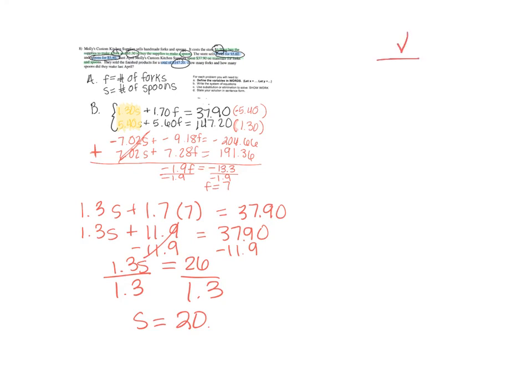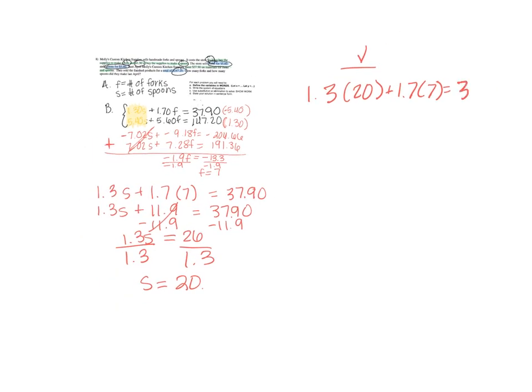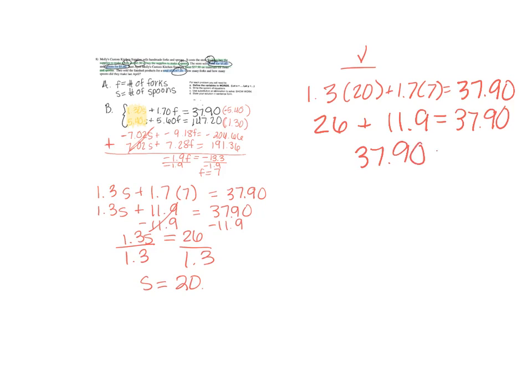I've got 1.3 times 20 plus 1.7 times 7 equals 37.90. 1.3 times 20 is 26 plus 1.7 times 7 equals 11.9. Add those together. 37.90 equals 37.90. Those check.